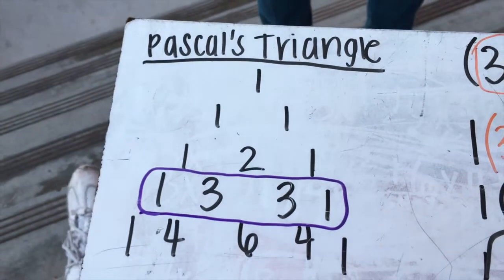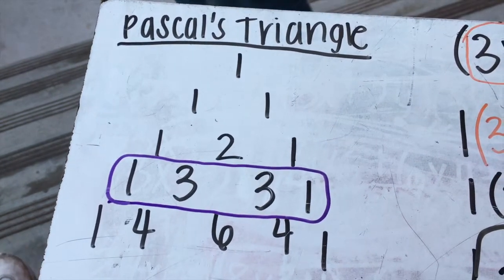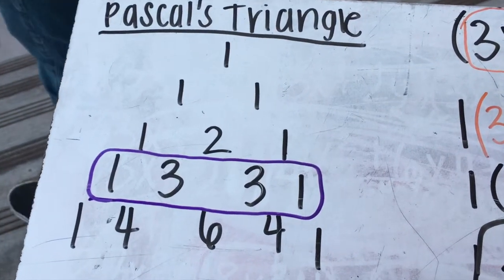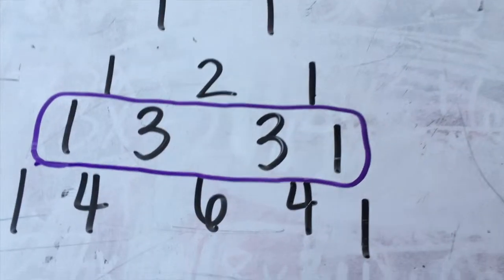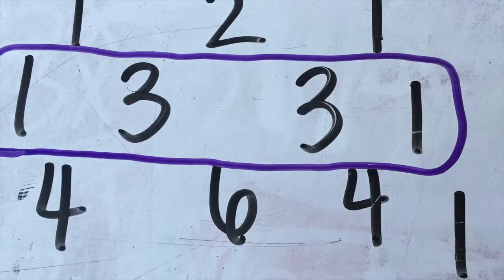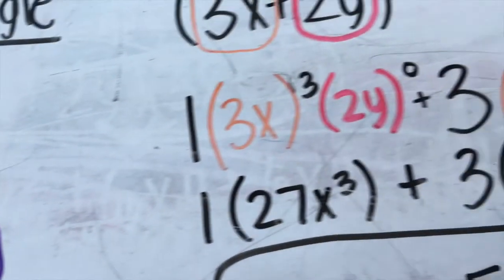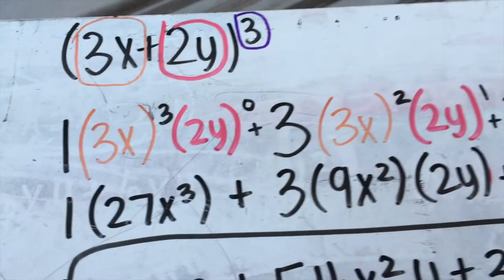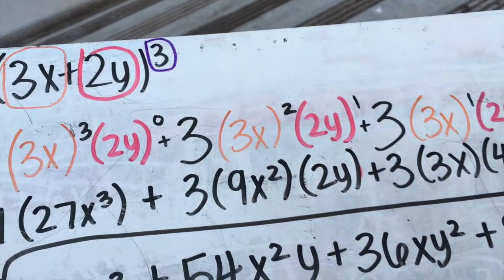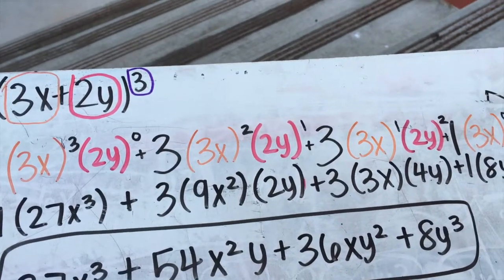Whatever power the equation is to means whichever row in Pascal's triangle. Since it's to the third power, it's the third row. Then you take the numbers in Pascal's triangle, 1, 3, 3, 1, and separate them.